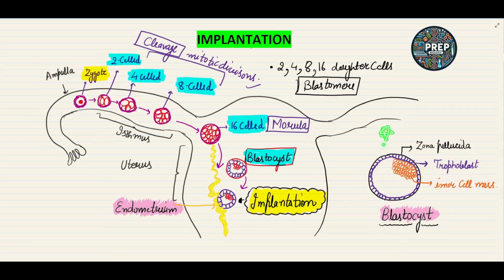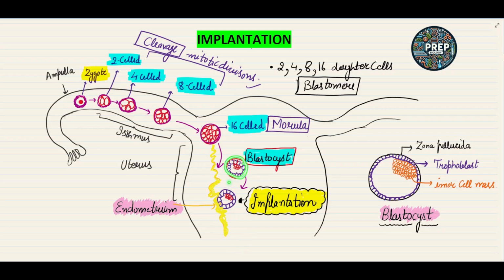This is important. When the blastocyst reaches the uterus part of the female reproductive system, it will attach to the layer of the uterus that is called the endometrium. The endometrium will hold the blastocyst at the uterus part. Now what happens?